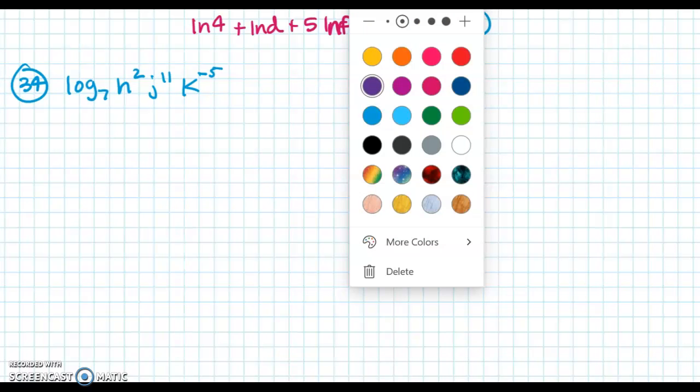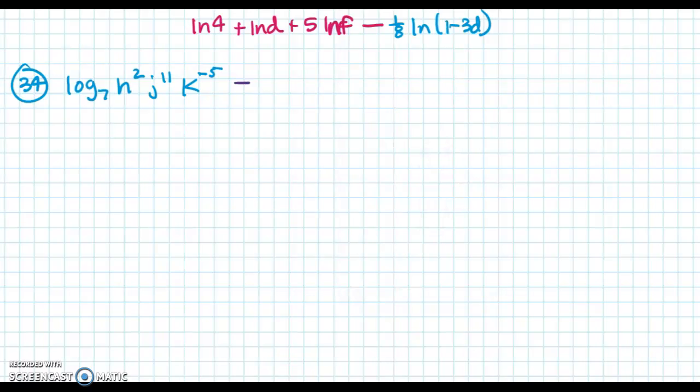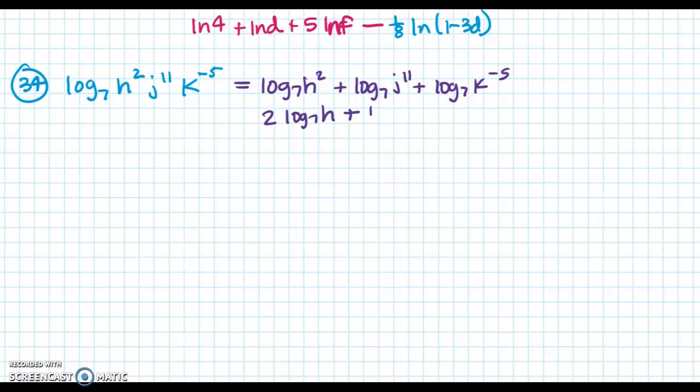If you wanted, you could move that negative 5th to the bottom of the fraction, but you don't actually have to, because all of these break apart into the log base 7 of h squared plus the log base 7 of j to the 11th plus the log base 7 of k to the negative 5th. And then bring all those powers out. So 2 log base 7 of h plus 11 log base 7 of j plus, when you bring the negative out, it'll be a minus 5 log base 7 of k.